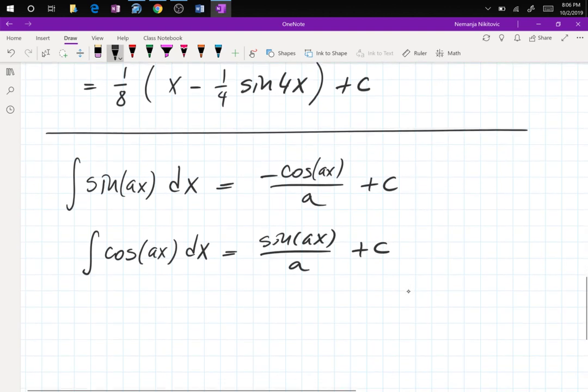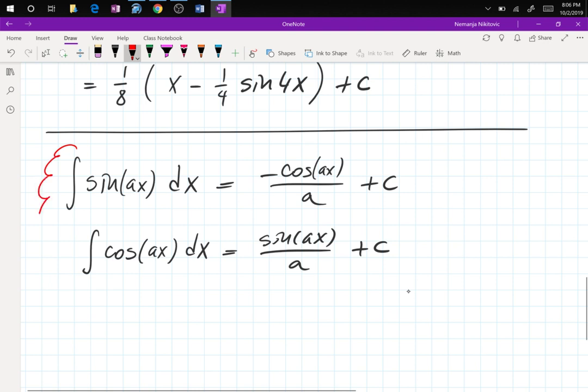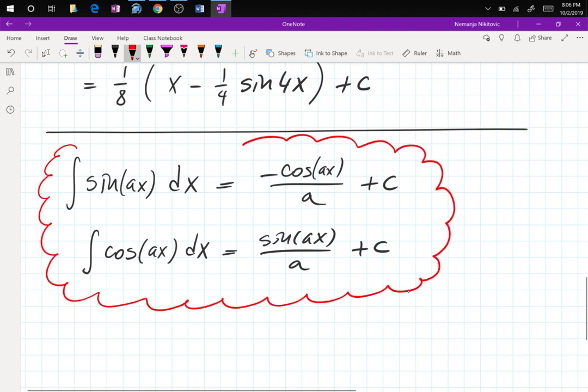So these formulas are from 4.9, guys, all the way from Calc 1, and they include this constant a because, as you can see, they just pop up. As soon as you start using power reducing, it will become 2 and 4 and 8, depending on how many power reducing formulas you have to use.